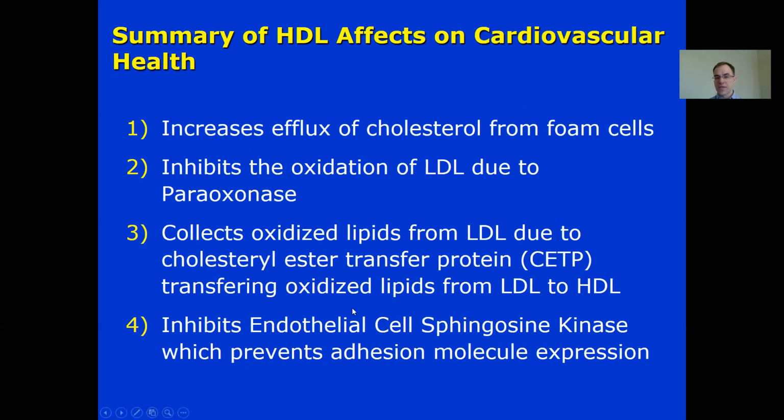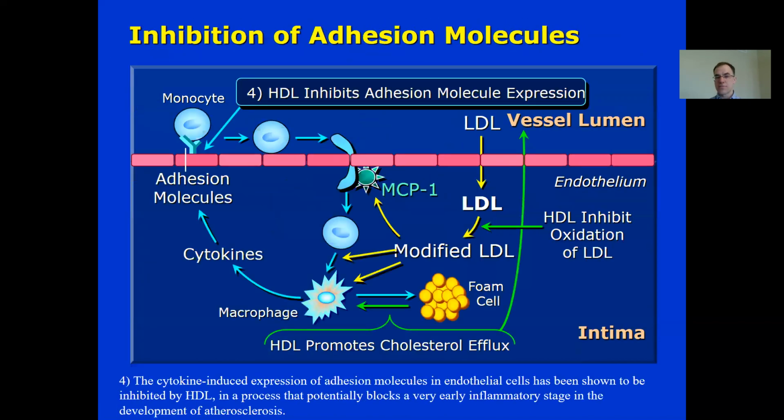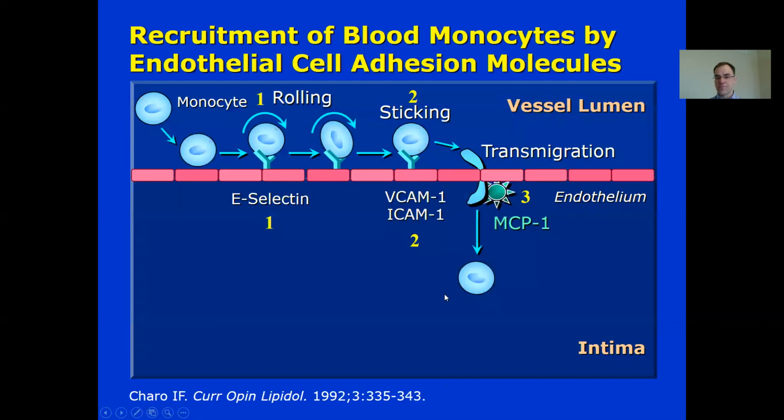And finally, it inhibits the endothelial cell sphingosine kinase, but the main thing you need to know is that it prevents adhesion molecule expression. So these are the 4 ways by which HDL is considered a good cholesterol: promotes cholesterol efflux, inhibits oxidation of LDL, removes oxidized lipids from LDL, and inhibits adhesion molecule expression.